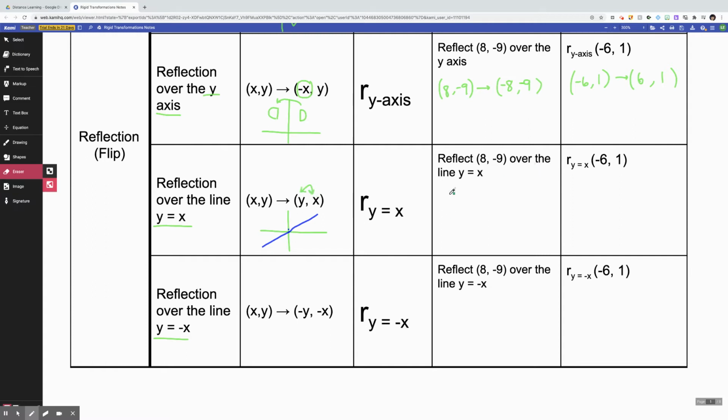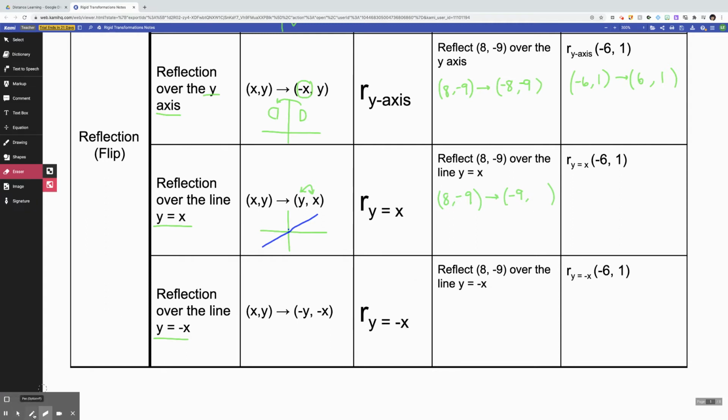So here, if I'm reflecting this point, 8, -9, over the line y equals x, all I have to do is switch my x and my y. Oops, hold on. I accidentally wrote a negative sign there.